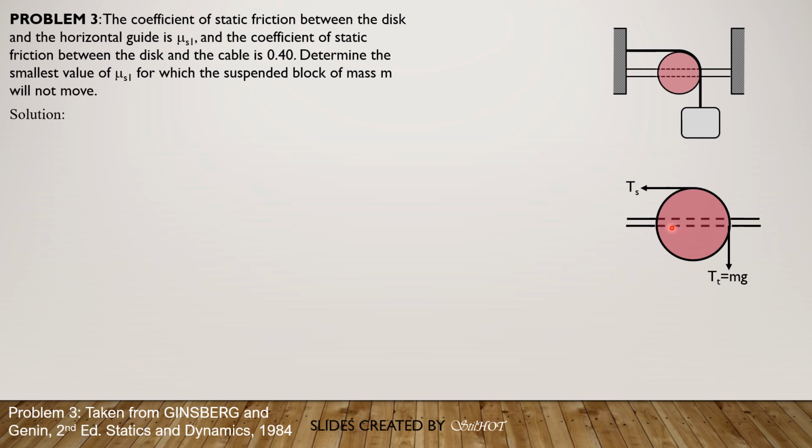That means we have impending motion for this disc with the possibility of sliding to the left. So the friction should be to the right, and it is equal to mu sub S1 times the normal, which is equal to mg.